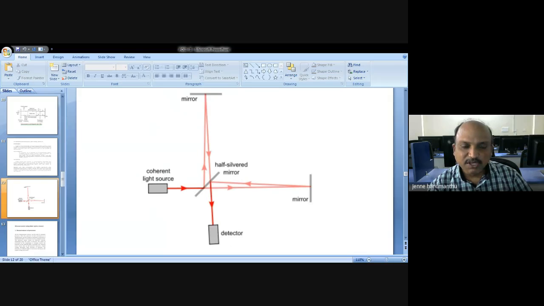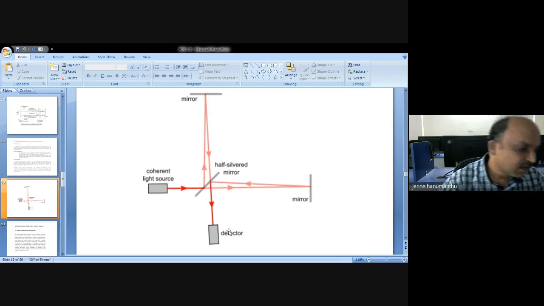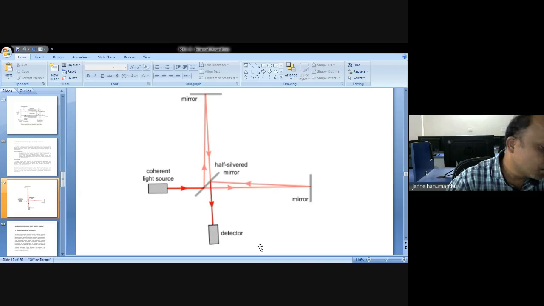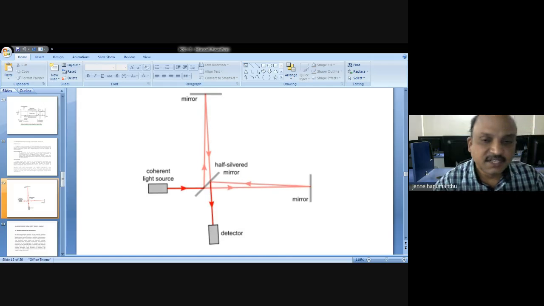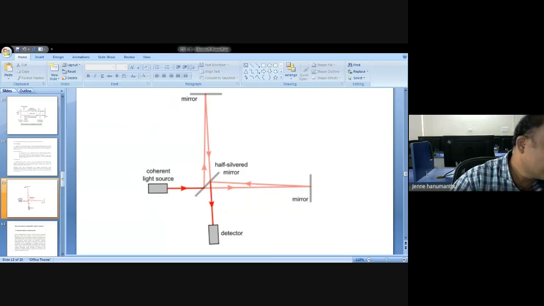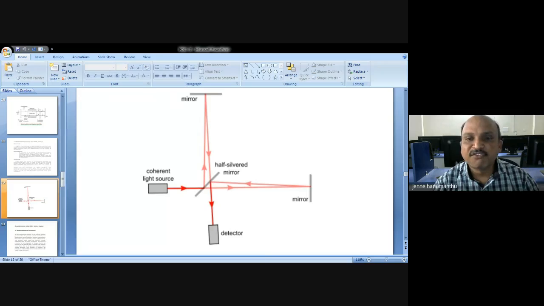You can also call it a telescope or fringe counter, right?